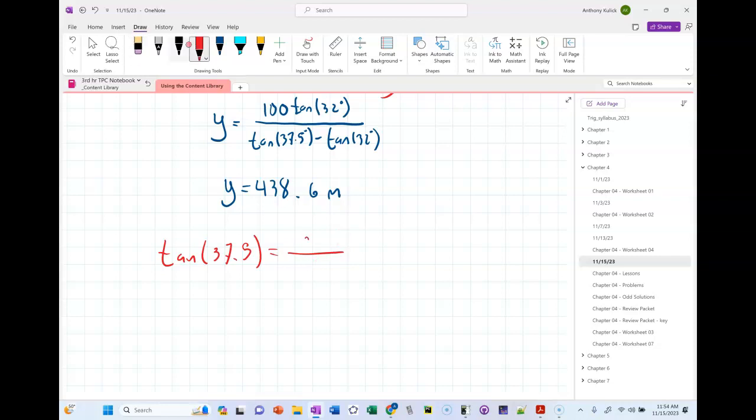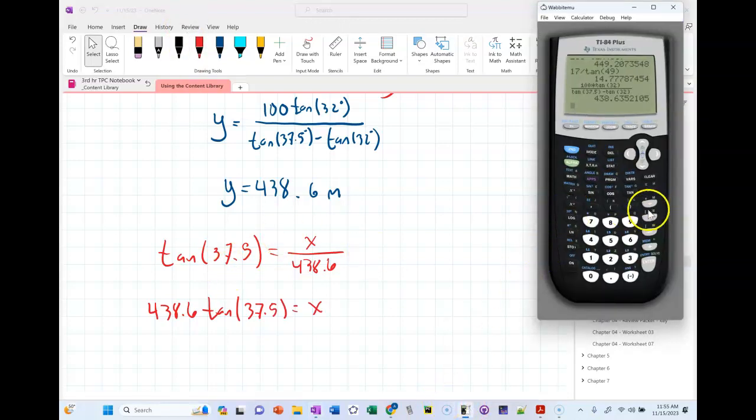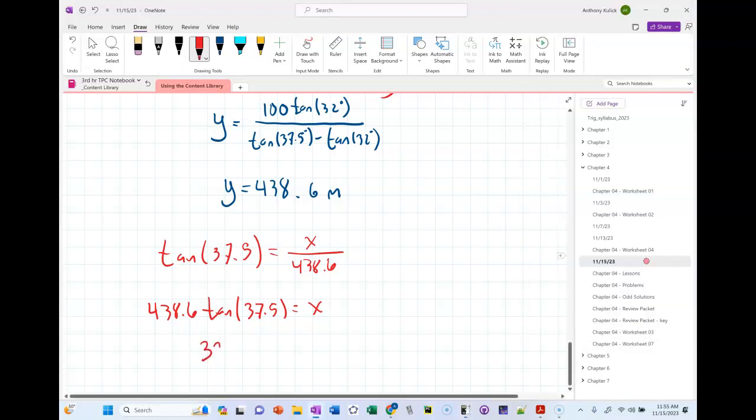Sorry. Okay, so to get x by itself, I'll multiply both sides by 438.6. And it's calculator time. So take that answer I just got and multiply it by tan 37.5. And we'd say the Eiffel Tower must be about 336.6 meters.